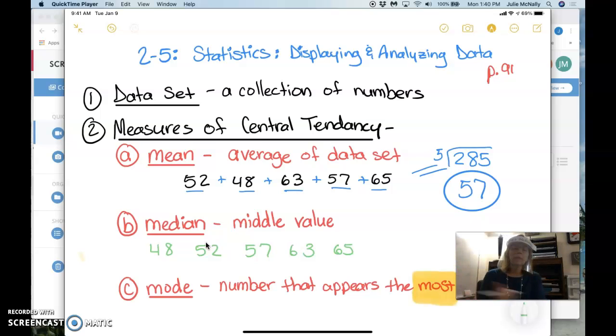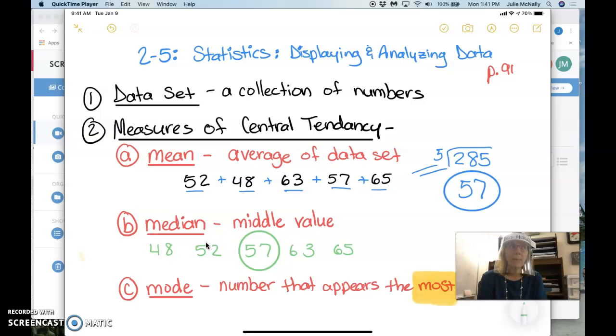So those are the same numbers from part A. I just put them in order from least to greatest. Now, which number is right in the middle of my data? 57. That's all you have to do for median. Just put them in order and look for the one that's in the middle.